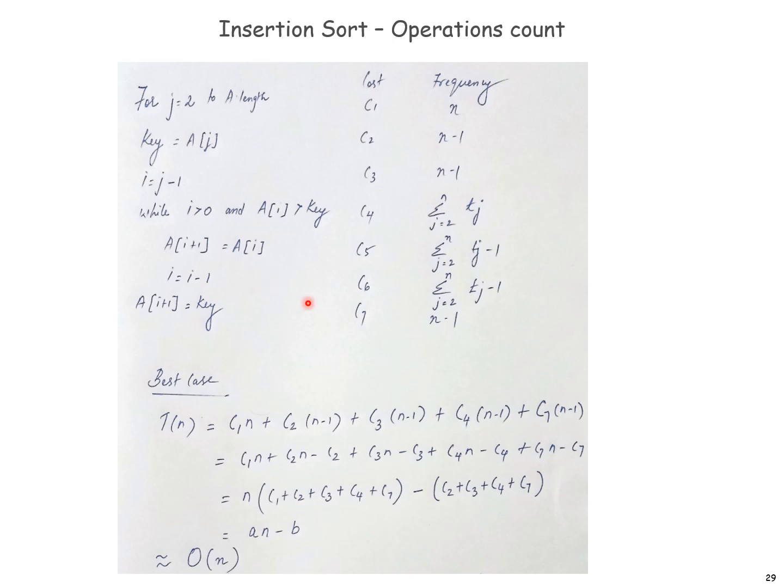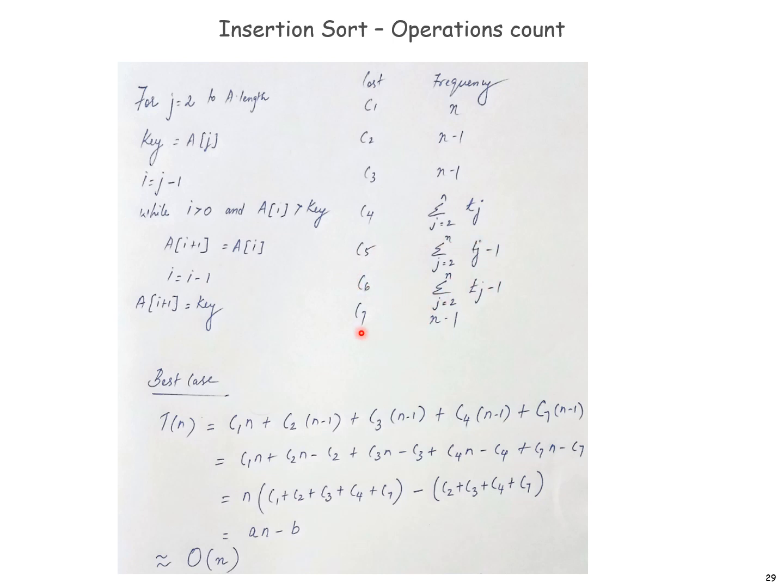So here you can see I have calculated the best case: C1n plus C2(n minus 1) plus C3(n minus 1) plus C4(n minus 1), because this condition checking happens. These two steps we can ignore because this doesn't happen in the best case.